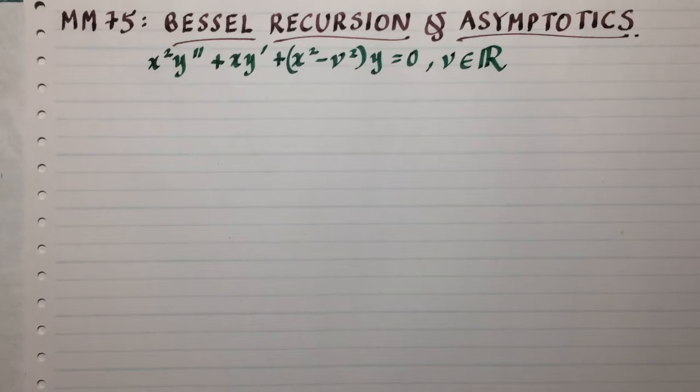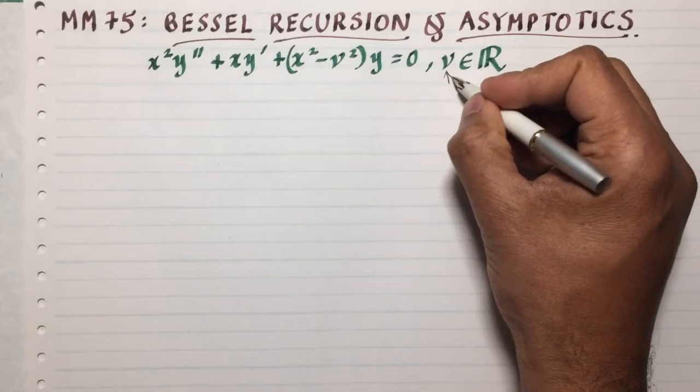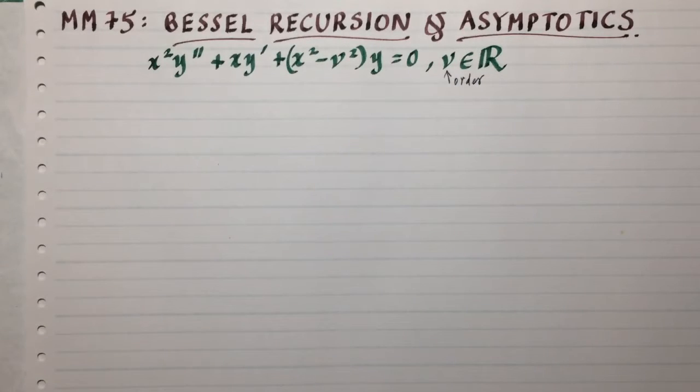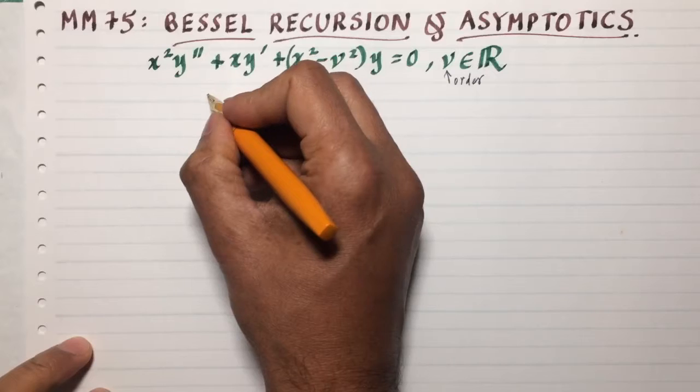In previous videos, we have seen that the Bessel equation for any value of nu, known as the order of the Bessel equation, can be investigated using the method of singular series expansions.